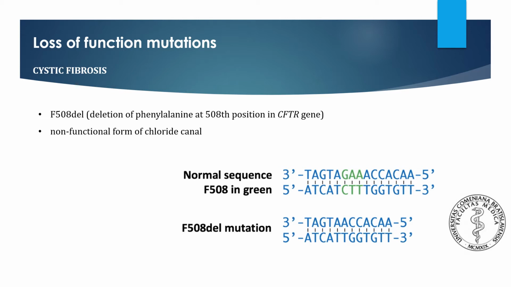We have to remember though that this is not the only single mutation. It will not be that easy. More than 900 mutations causing cystic fibrosis have been identified until now, leading to different expression of the actual disease.